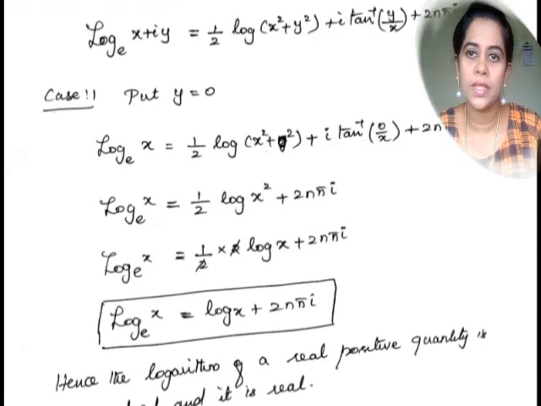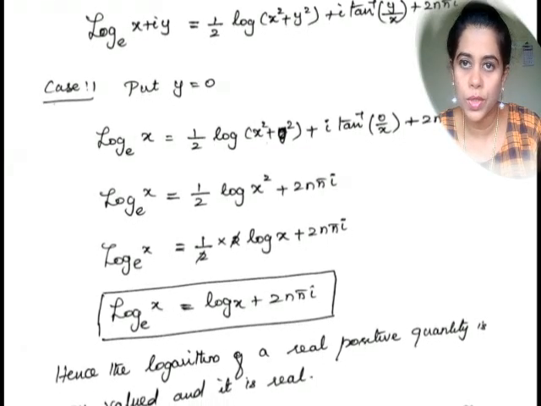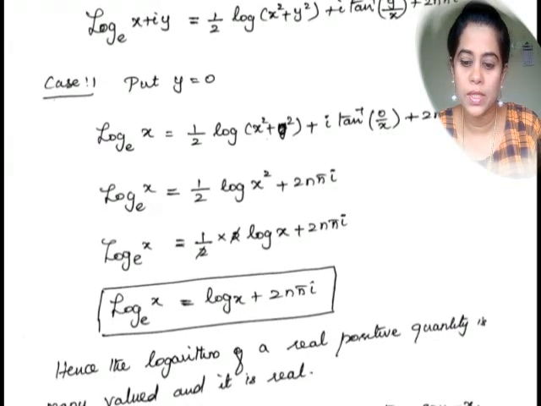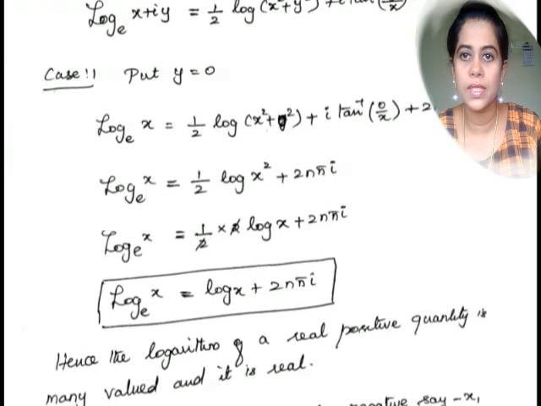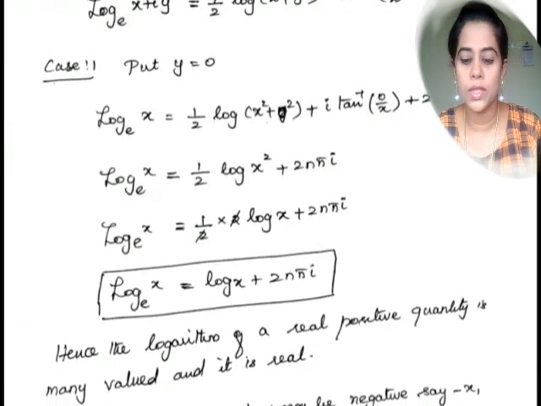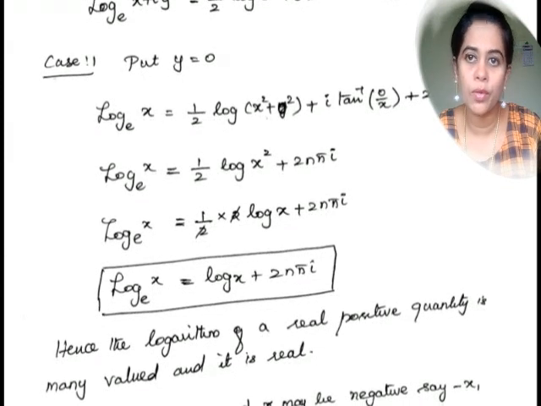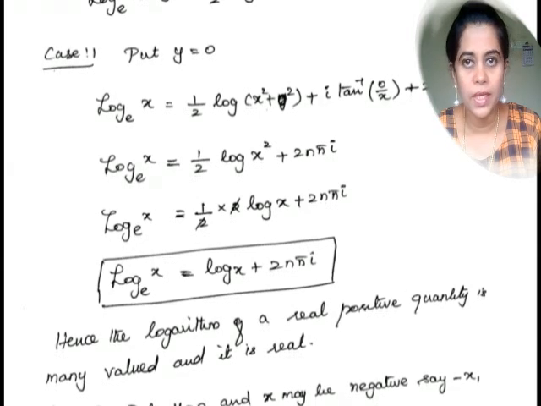When I take the imaginary part as 0, the result is log x plus 2n pi i, which means we don't have any imaginary portion, which means log x is there. So the logarithm of a real positive quantity is many valued, with the principal value being real.